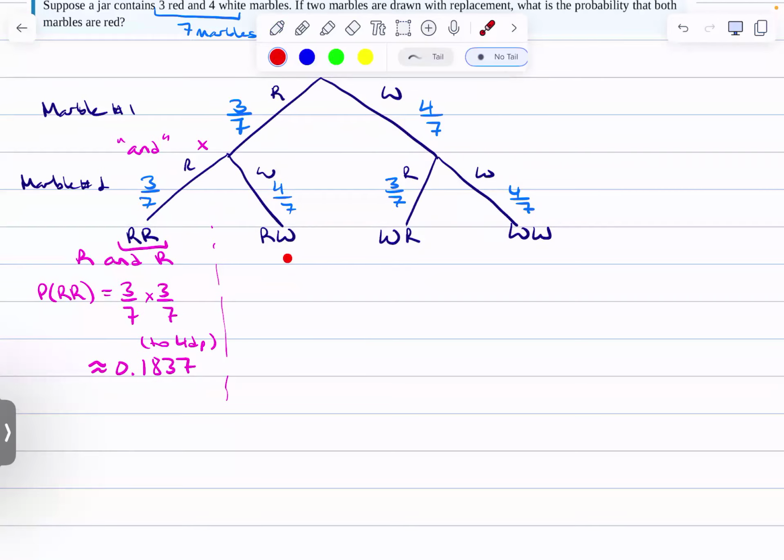And for the next one, I'll show you how sloppy I am when I write out my work. I do write out what the combination is, RW versus WR versus WW, but at the end, all I do is write down what the probability is.